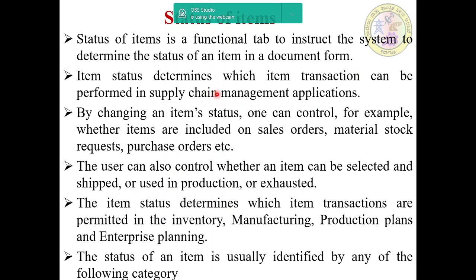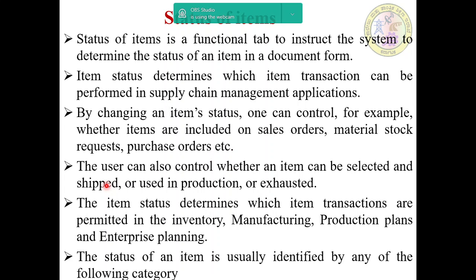Item status determines which item transactions can be performed in supply chain management applications. By changing an item status, one can control, for example, whether items are included on sales orders, material stock requests, purchase orders, etc.